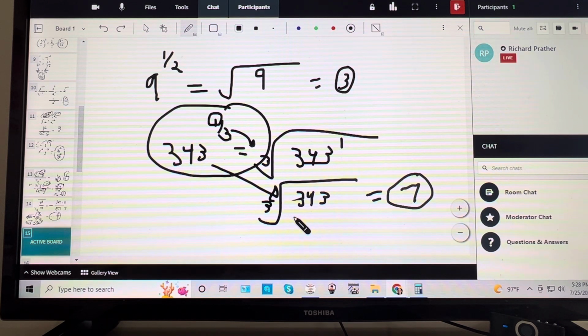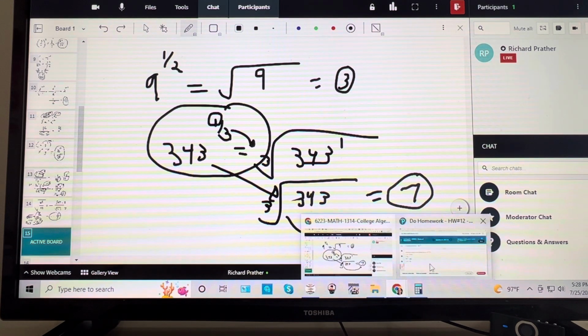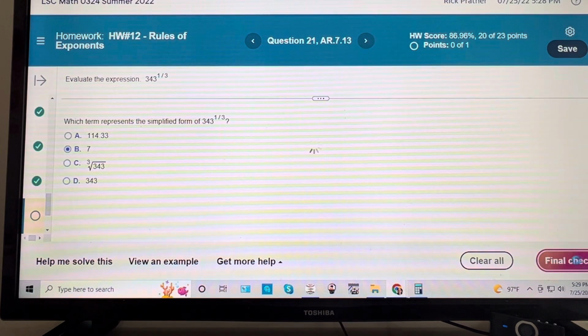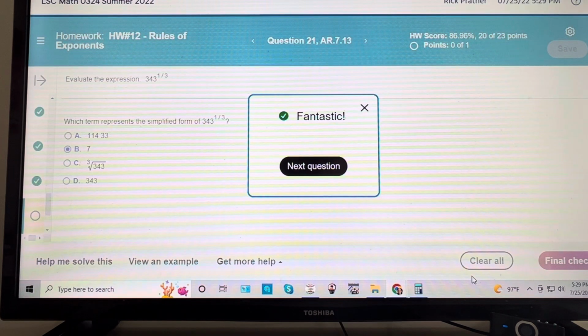They really should have had a part A where they were doing that first, then simplify it to 7. Because otherwise this is a little misleading in that it doesn't seem like you ever went to a radical. But that's why they made me miss this one, is I didn't read it close enough. It did say simplified, so that was my fault for not reading that.